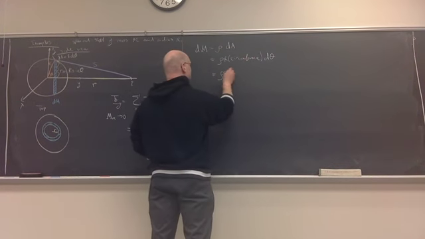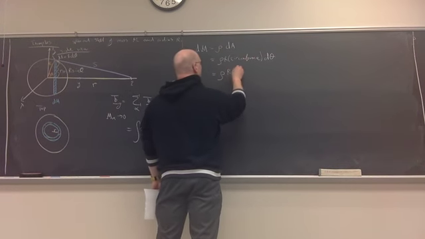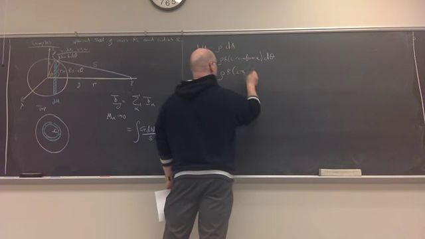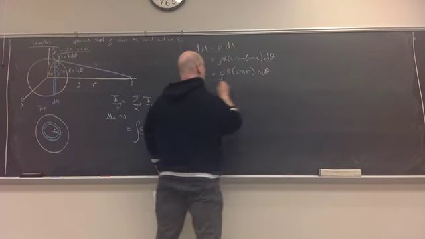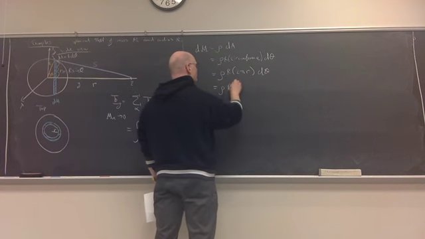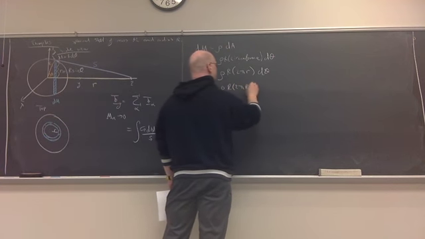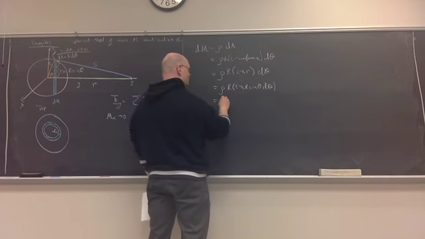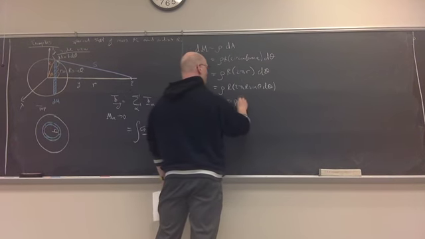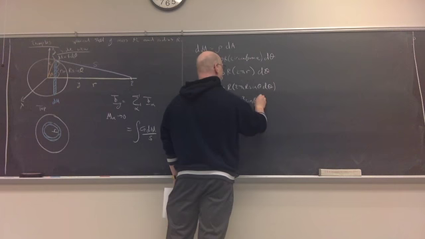So it's going to be the same thing as rho times R times the circumference, which is then 2 pi times r times d theta, which is the same thing then as rho times R times 2 pi R sine of theta, d theta, which is then going to be what? 2 pi rho R squared sine theta d theta.